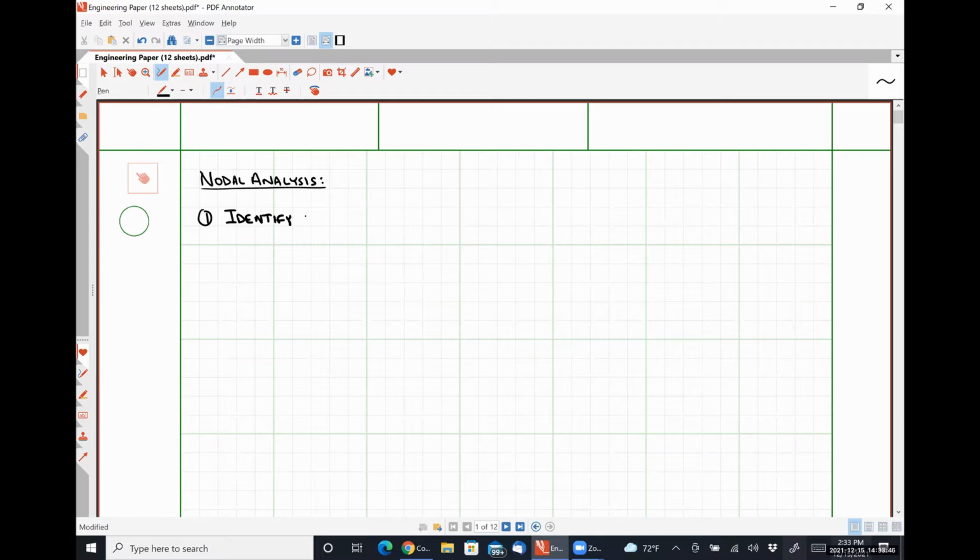So the circuit that we are going to analyze is this guy here. This is what we're going to start with. We have a 15 ohm resistor.